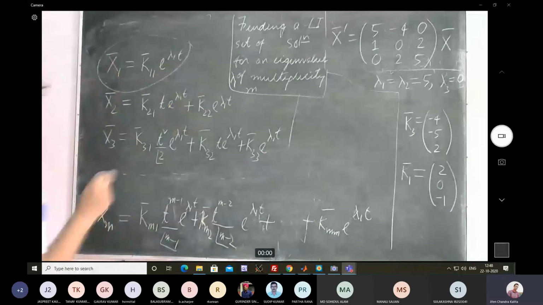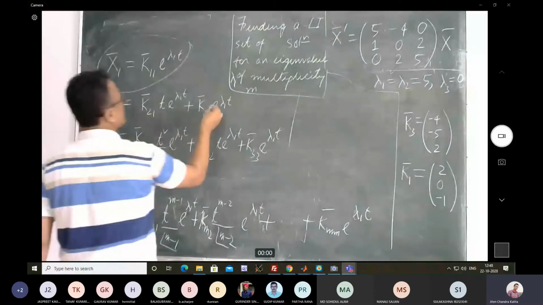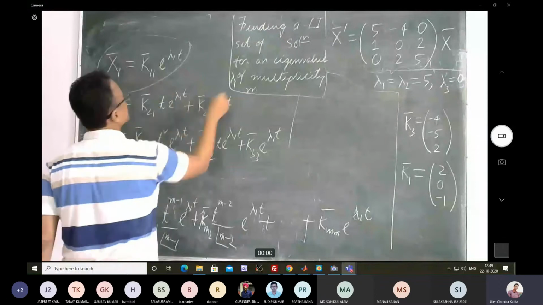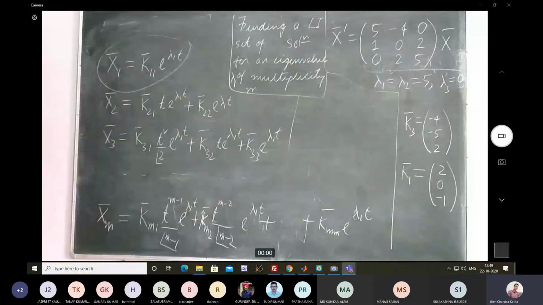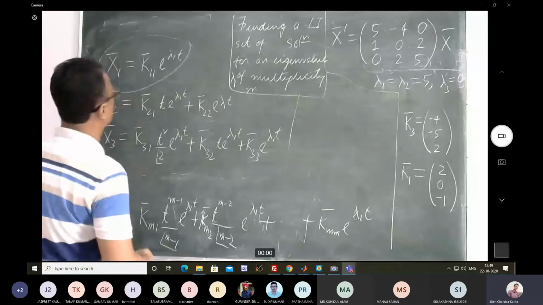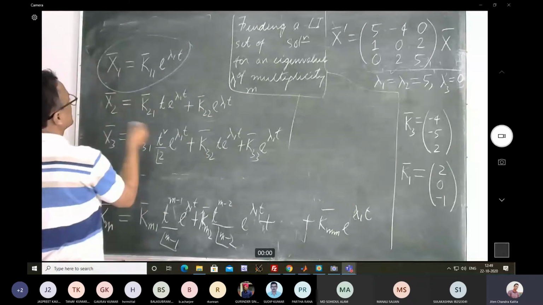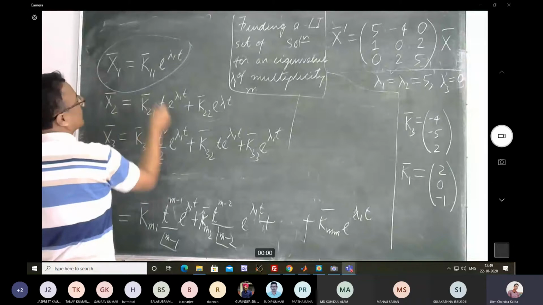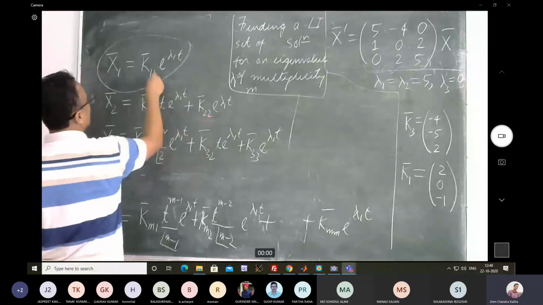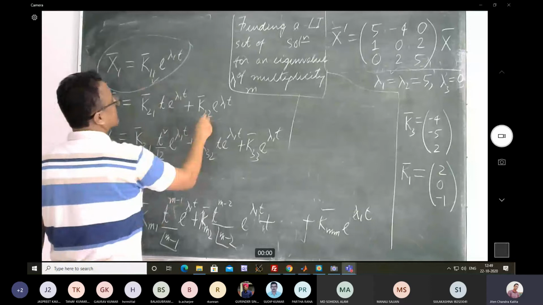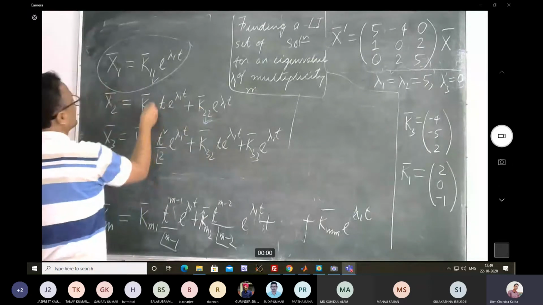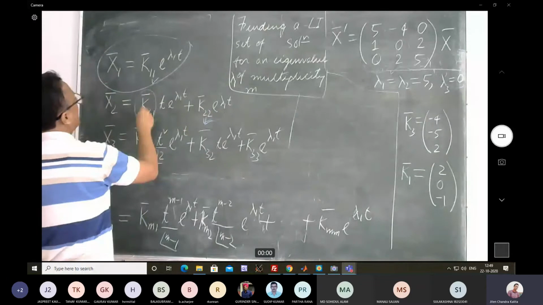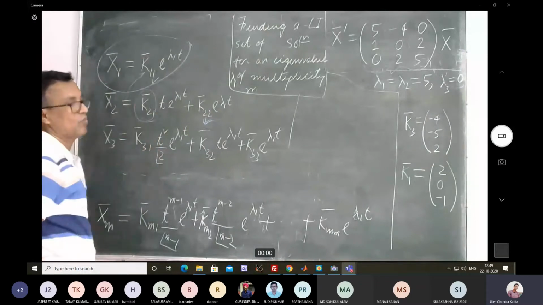So what is going to happen? It is going to boil down to finding all the remaining eigenvectors. Once you have this, I can easily find out this one, where for k21, I am simply going to use some multiple of k11.